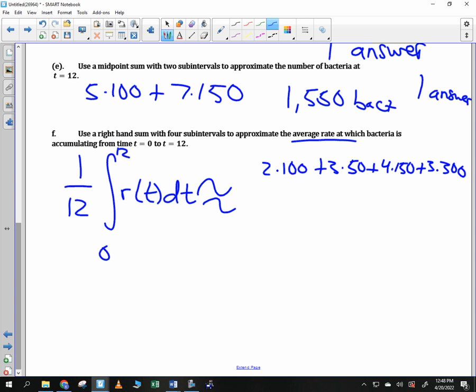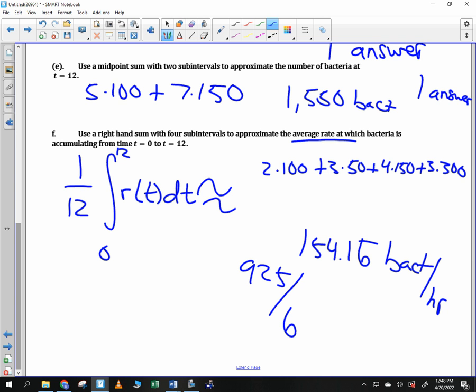When I divide it by 12, I got 154.16 repeating bacteria per hour. Anybody else confirm that? 154 and 1/6? 925 over 6. 925 over 6 bacteria per hour. 1850 over 12.